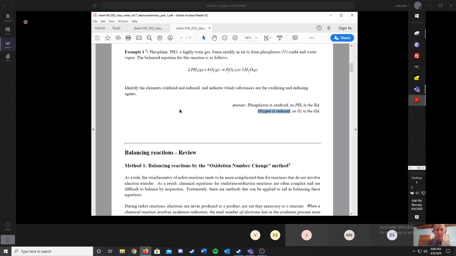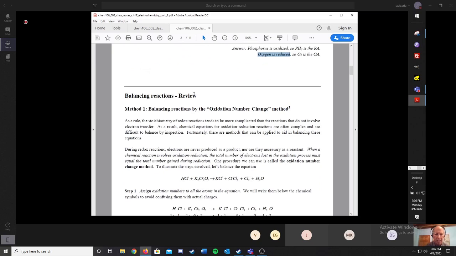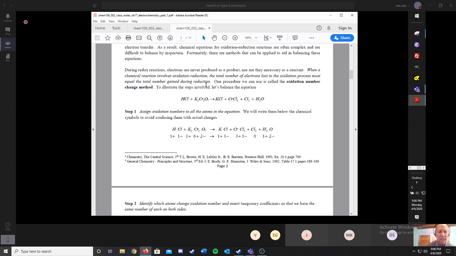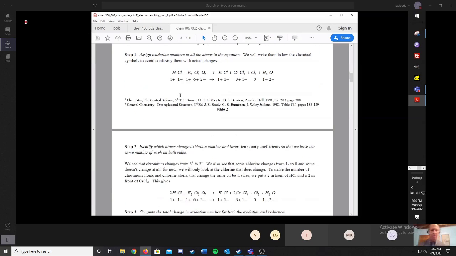Therefore, oxygen is reduced. This sort of reasoning is the basis for balancing reactions based on the oxidation number change method. I won't work examples since presumably it popped up in your prior chemistry class, but it shows step by step how to balance reactions by that method.